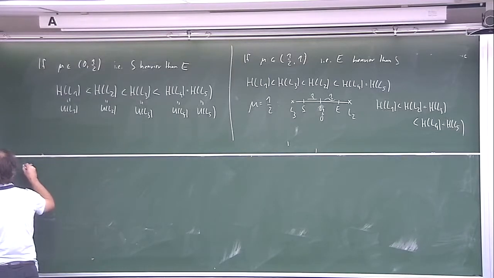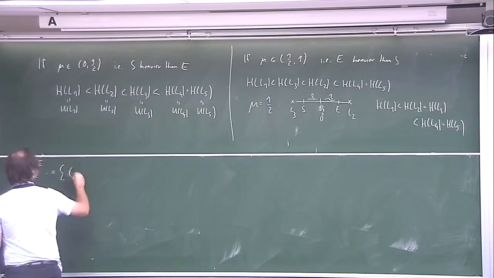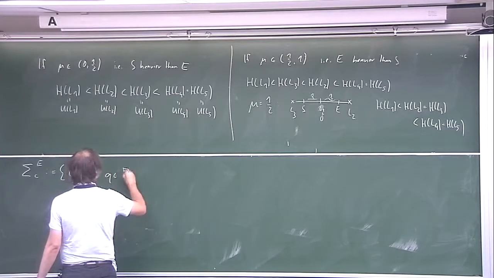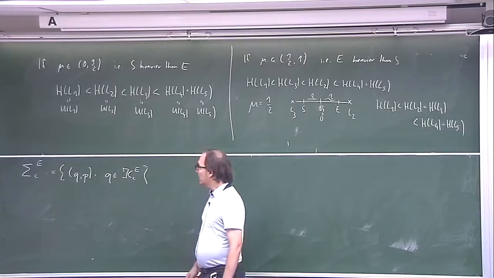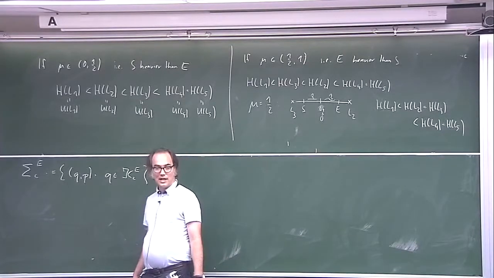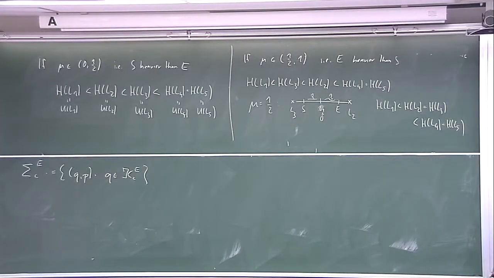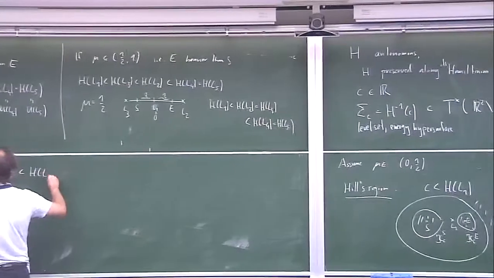So let's look at sigma C E. These are the QPs such that Q is in the Hill's region around the Earth. So the connected component of the energy hypersurface above these components for C less than H L1.